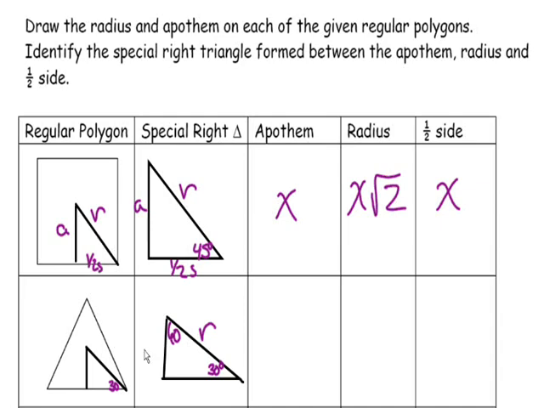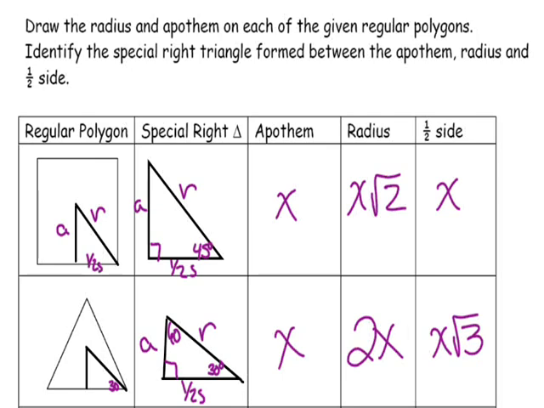This was my radius, this is my apothem, right? These are right triangles, and this is my half side. So this pattern was x, x radical 3, 2x. In this case, my apothem is x, my long leg is my half side, so it gets the x radical 3, and my radius is the hypotenuse, so it becomes 2x.